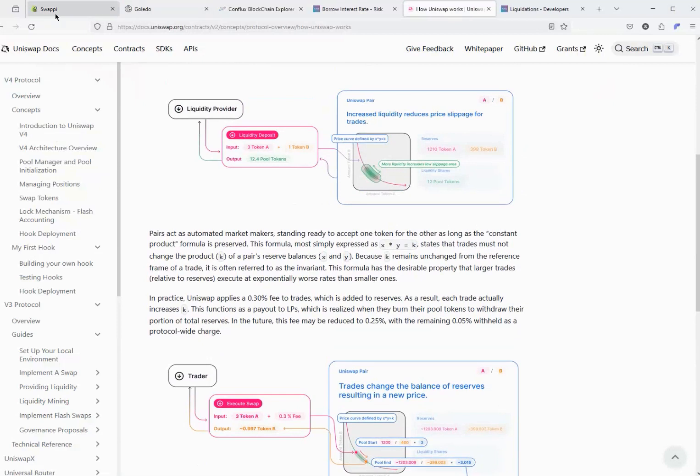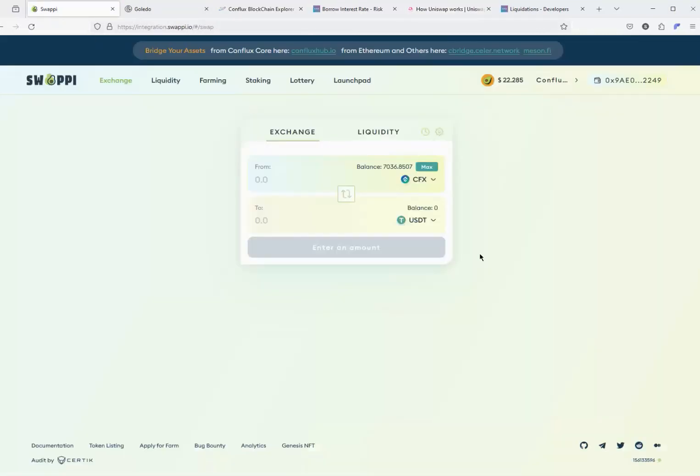The liquidity provider can add liquidity, which means adding some amount of token A and some amount of token B into the pair, to make the pair have more liquidity, to make sure the users can swap with each other.